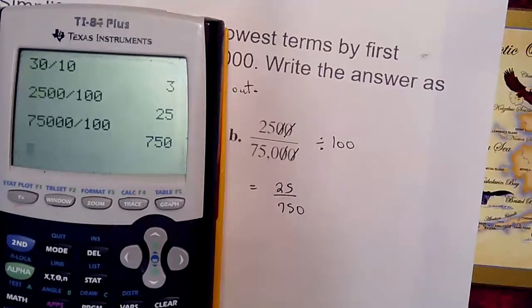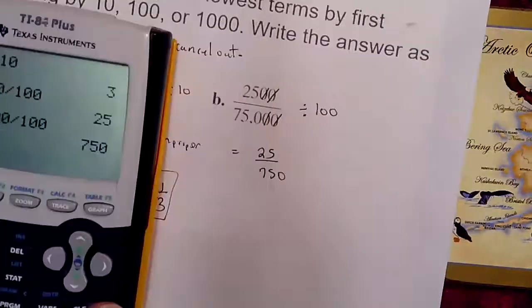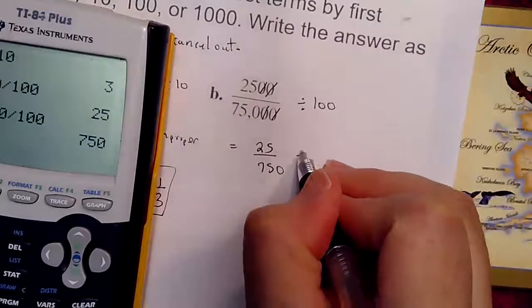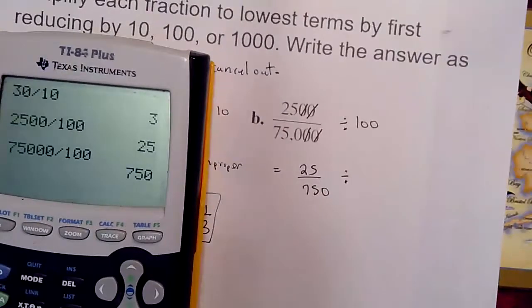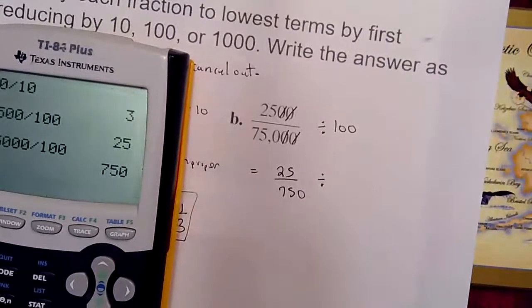Okay. And then I think this can be reduced again. So you can try 25, or you could try 5. Let's see, 25 over 750.